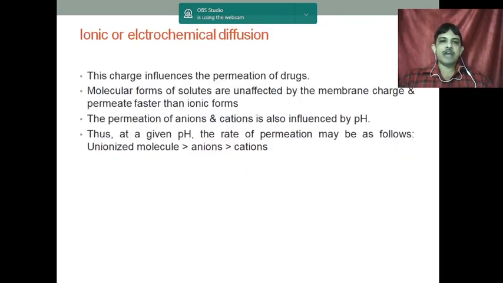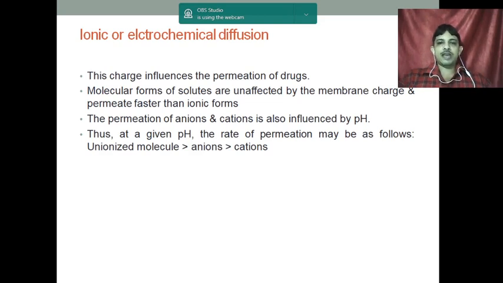Next is ionic or electrochemical diffusion. This is the influence of charge on the permeation of the drug. The charge is important. The molecular form of the solute is unaffected by the membrane charge and permeates faster than the ionic form.